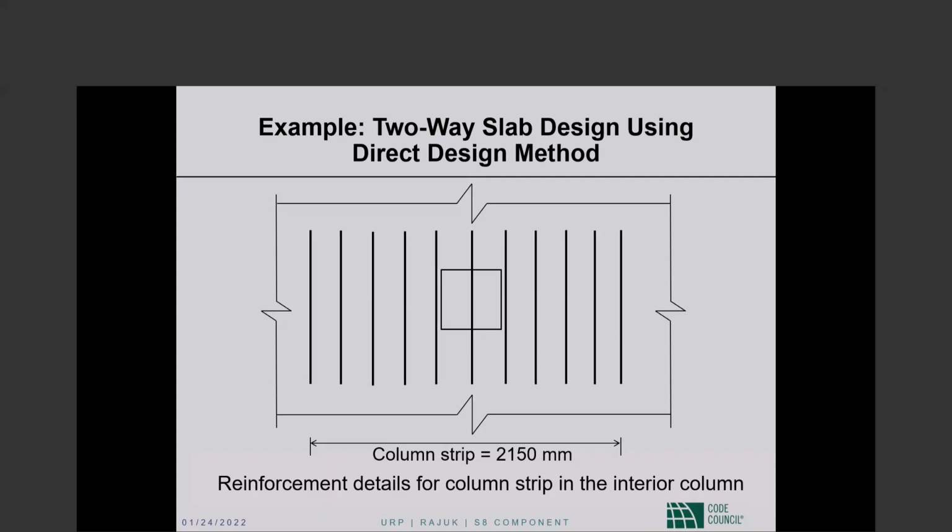Now, this column strip moment is a percentage of the slab moment, depending upon which slab section. The column strip moment may be 75% of the whole design strip moment.